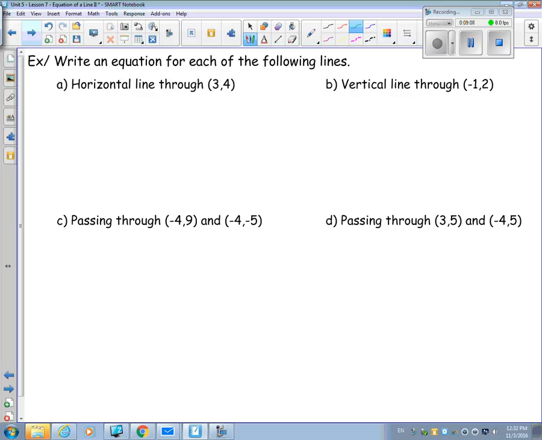Can you write down the equation for a horizontal line through (3, 4)? So I need to think about that for a second. (3, 4) is like here. I want to be horizontal. Well, horizontal lines are always y equals. And what's the y value? 4. Done.